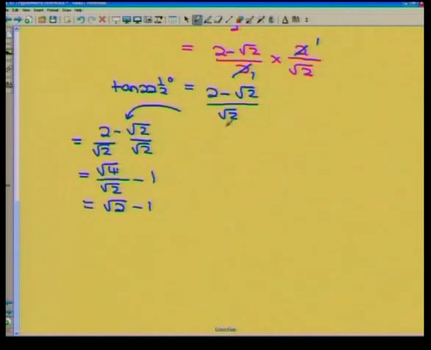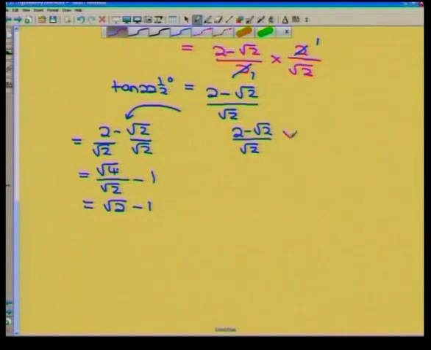But you also have the option of rationalizing. Now what we do for rationalizing is we times by a convenient form of 1. In our session on surds, I think I did mention this to you. So we would times by root 2 over root 2. Now doing that, we would times it in there, so we're going to get 2 root 2 minus root 4 all over root 4.